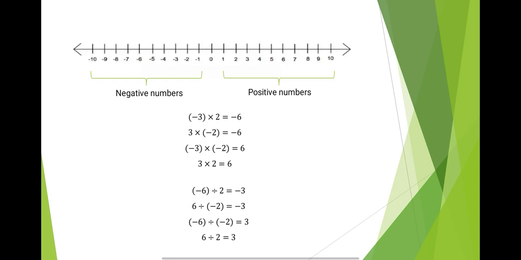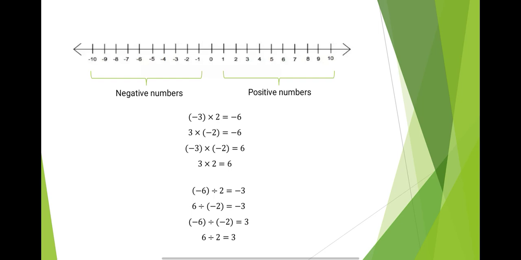The first one is negative 3 times 2. This is a negative number times a positive number. It will give you a negative result. Below that, 3 times negative 2 means a positive number times a negative number. It will also give you a negative result, right?